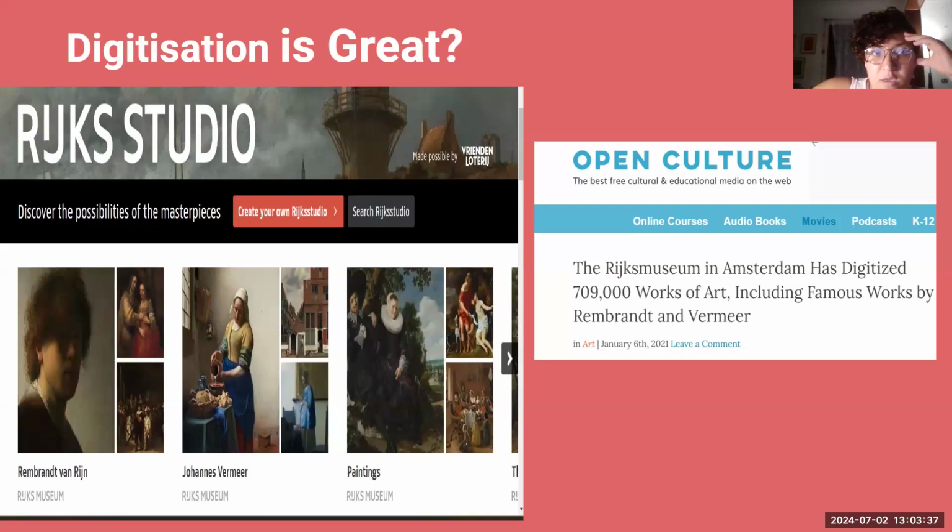Here I'm using the example of the Rijksmuseum in Amsterdam, specifically because they have digitized a very interesting number of their works of art, which is great. But I want us all to imagine different layers when we think of access, and whether digitization is always a good solution, or whether it can be tricky sometimes.